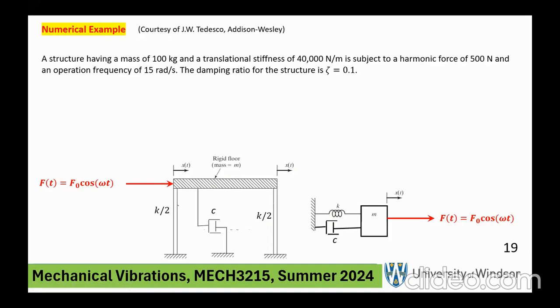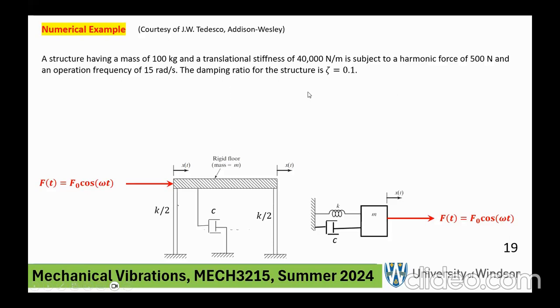So this is a problem. They have a structure, a one-story building. The details of the structure are given to you as far as the stiffness of the columns, and we are assuming that the total stiffness of the columns, if there are two columns here, otherwise there's four columns, for example, maybe this is a shell or something, the sum of the four columns is going to be that.